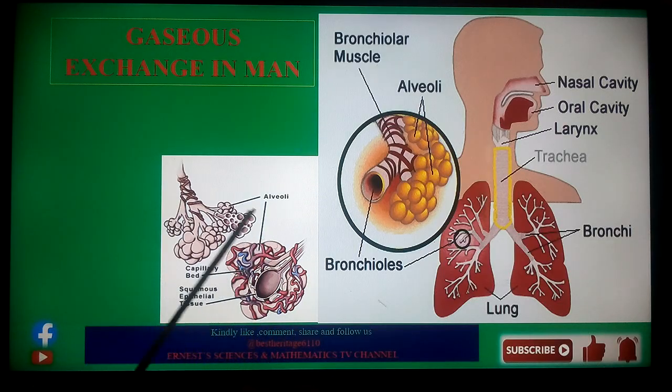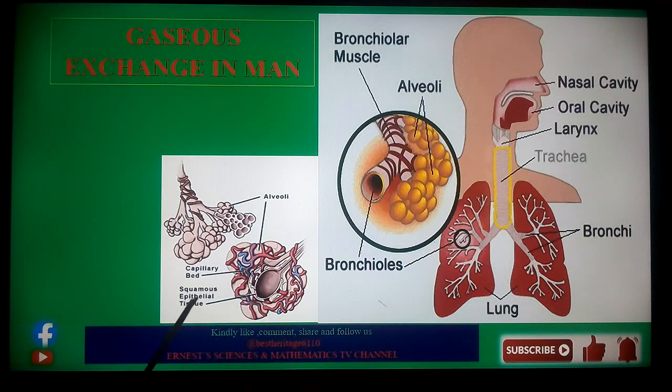Now, if we look at a magnified part of these bronchioles, we can see that at the far end they consist of sac-like structures, which we call the alveoli. These alveoli have a dense network of blood capillaries, and this also provides a large surface area for efficient exchange of gases across the membranes.